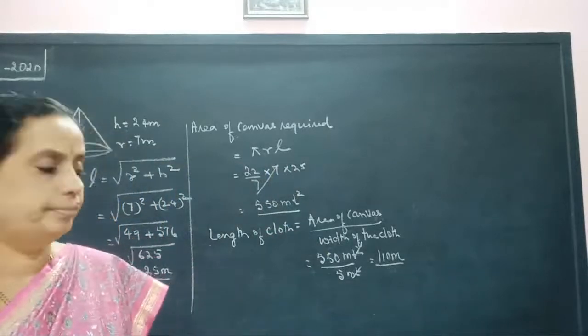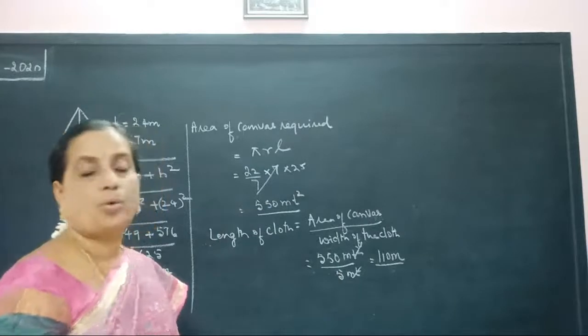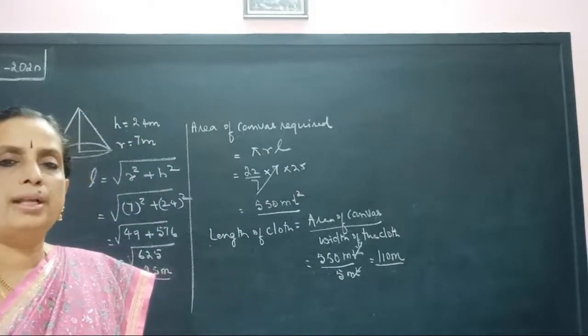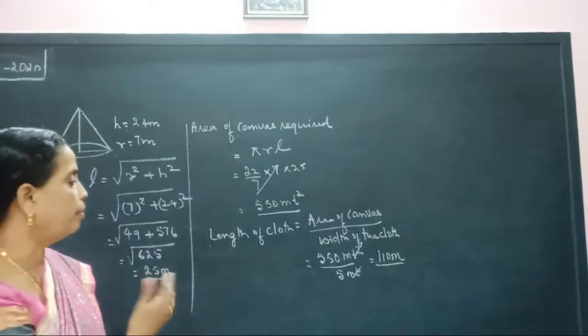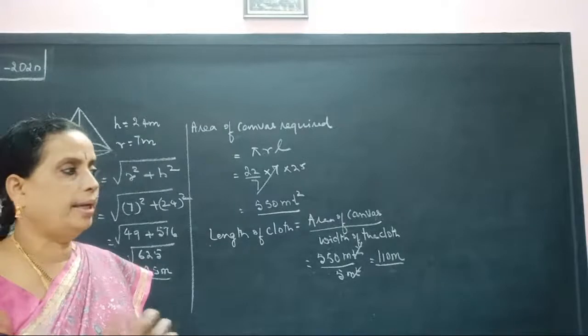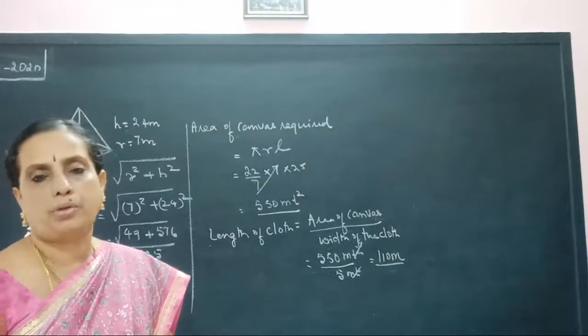It's clear? It's not square meter, it is just meter. Area is square meter; length means 110 meter, width is 5 meter, and the product is meter square.